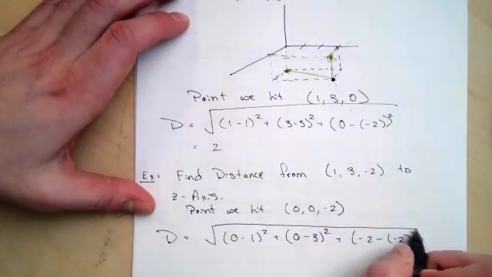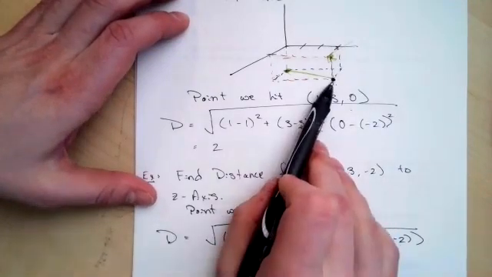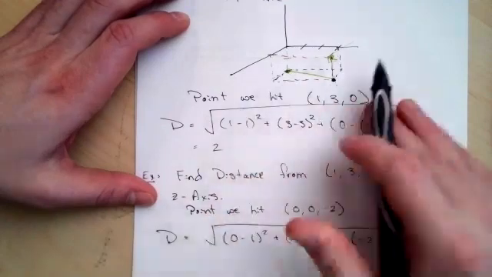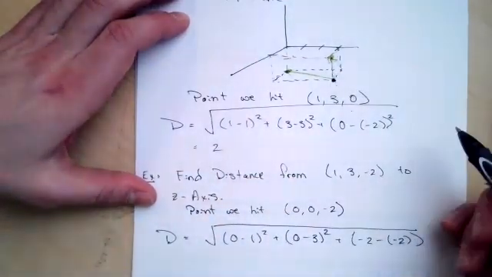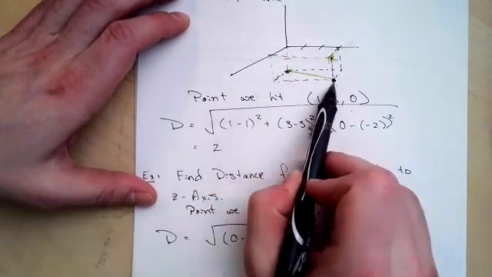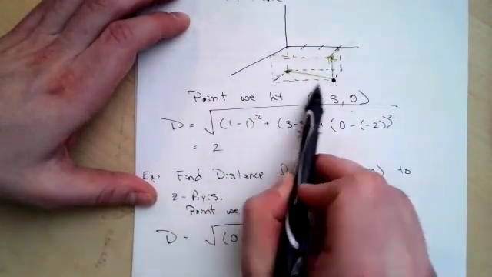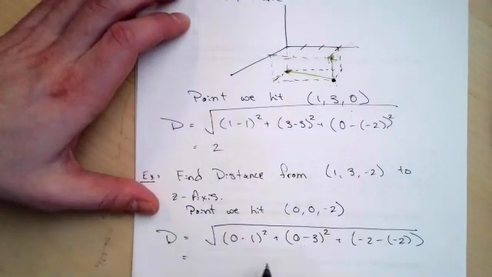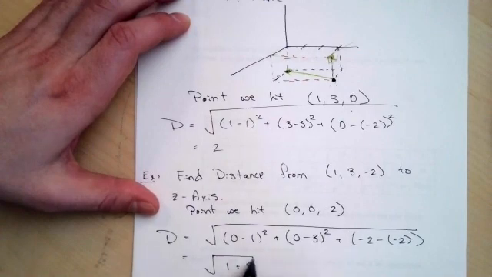So in some sense, we have reduced our distance formula to a 2-dimensional distance formula. Since we are restricted to this plane at Z equals -2, really all we're doing is the Pythagorean theorem on the X and Y coordinates. So we've got our change in X squared plus change in Y squared. What do we get in this case? We've got 1 plus 9, so we'll get the square root of 10.